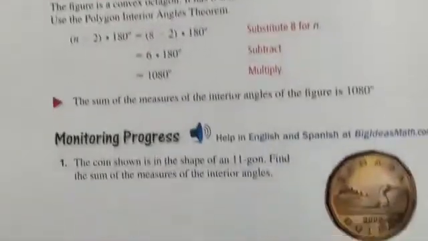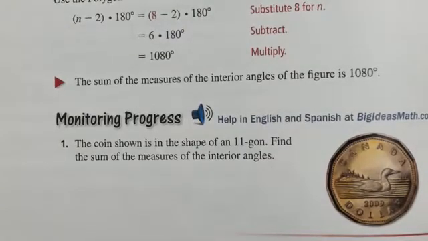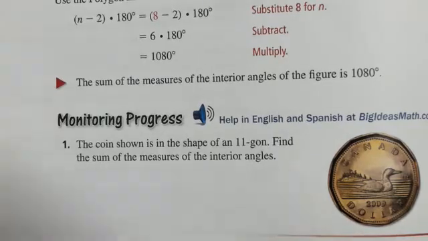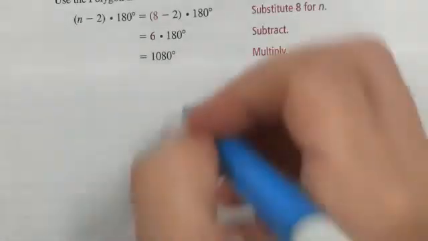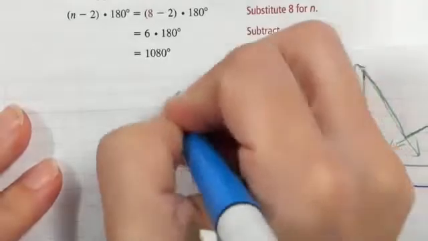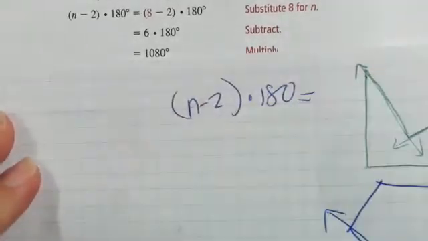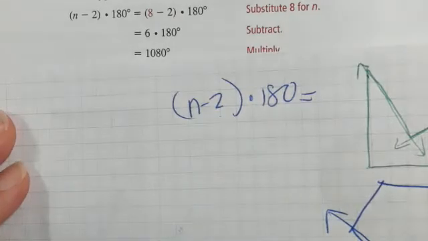Let's look down here. Monitoring progress 1. It says the coin shown is the shape of an 11-gon. Find the sum of the measures of the interior angles. They told us it has 11 sides. So we would say n minus 2 times 180, and that would give us the sum of the measure of the interior angles.